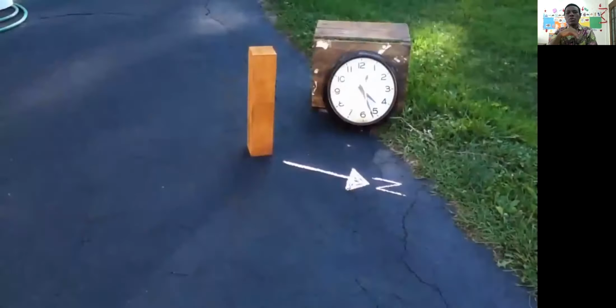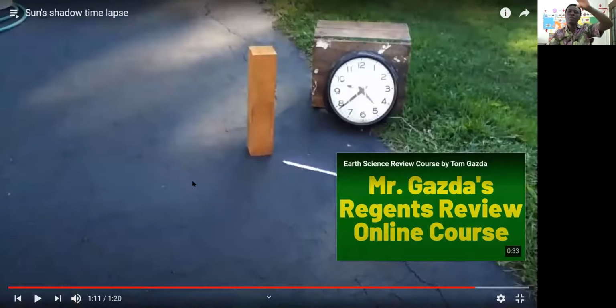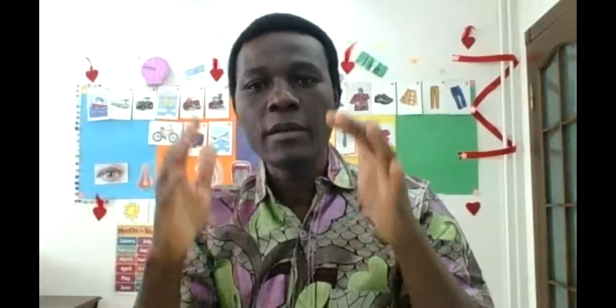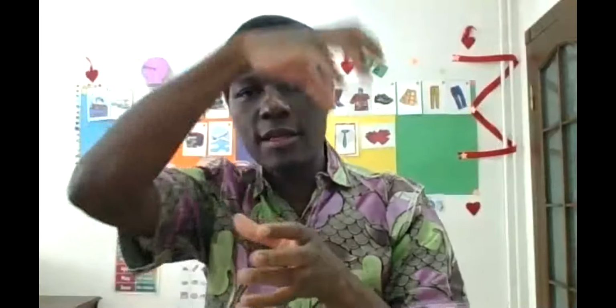So the shadow moves according to the move of the sun. So the first video I showed you, it was to show you that it is the sun moving in the sky. We know that the sun doesn't move, but it appears moving because we are the one moving actually. Okay, remember that the earth is moving, and that makes the sun appear like moving. So I will just use the sun moving.